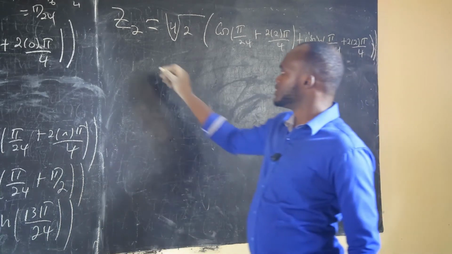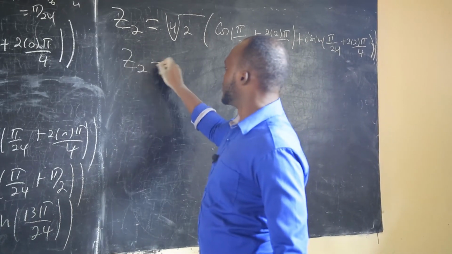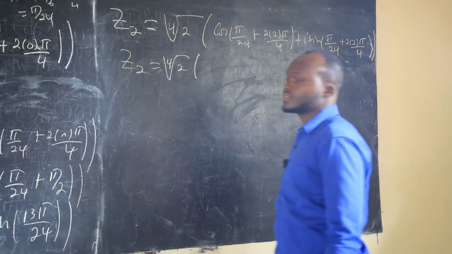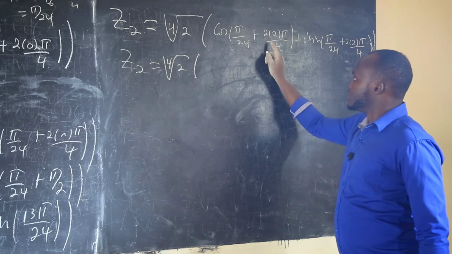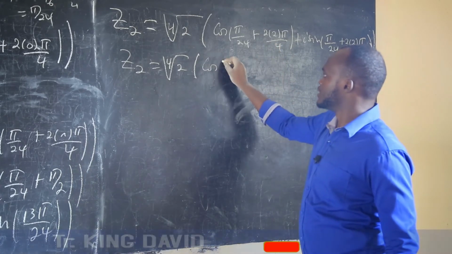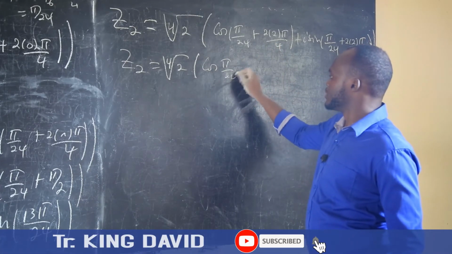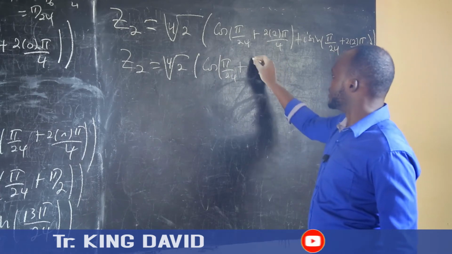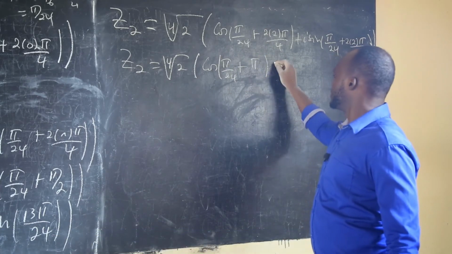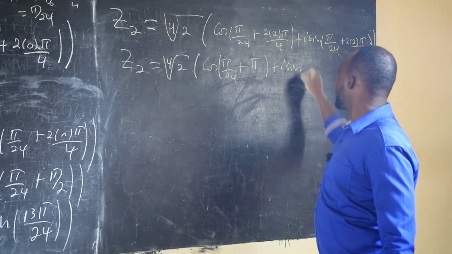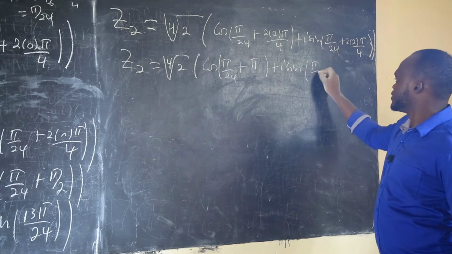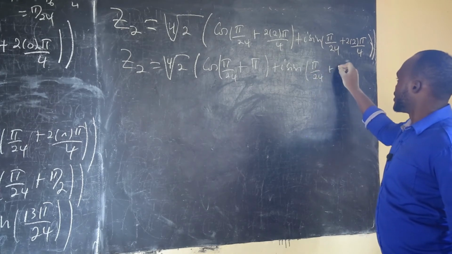So z2 equals the fourth root of 2 into bracket cos pi over 24 plus pi, plus I sine pi over 24 plus pi.